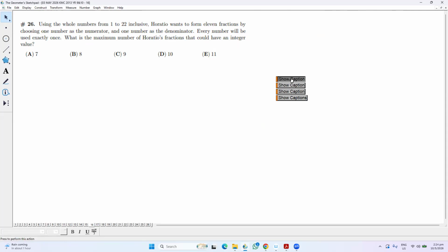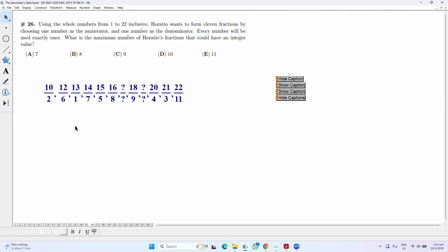So we just see prime numbers, we try to put at the bottom, like 7 with 14. 17 and 19, we don't have a divisor. So 11, we don't want to put on top because you can use it as a divisor, to get an extra fraction. So only 2 numbers, 17 and 19, cannot have integer because 13 is already used, 13 over 1.